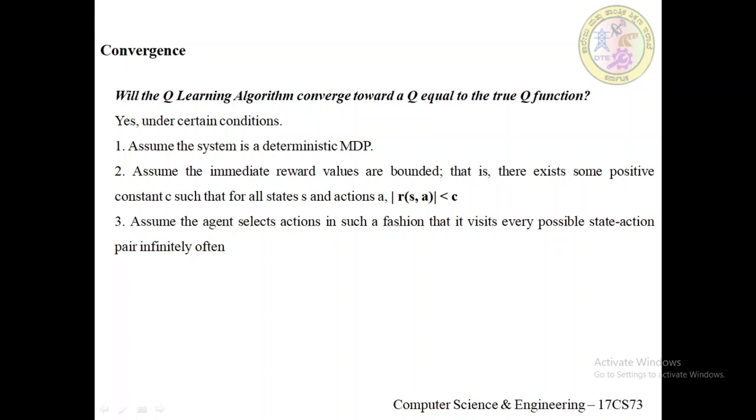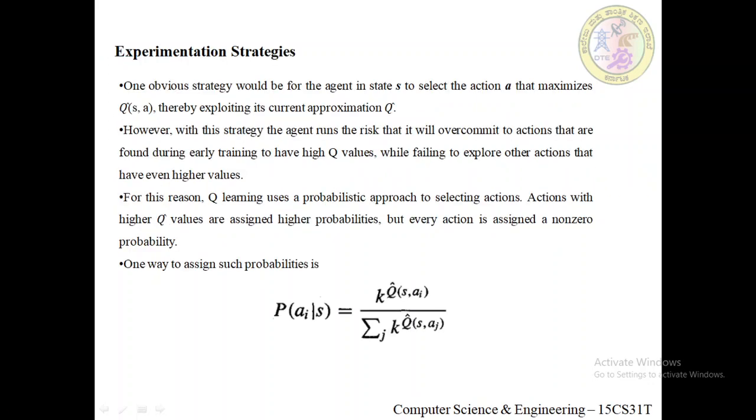By this third condition, we mean that if action A is a legal action from state S, then over time the agent must execute action A from state S repeatedly and with non-zero frequency as the length of its action sequence approaches infinity. These conditions are in some ways quite general, and in others they are fairly restrictive. So these are some experimental strategies we have.